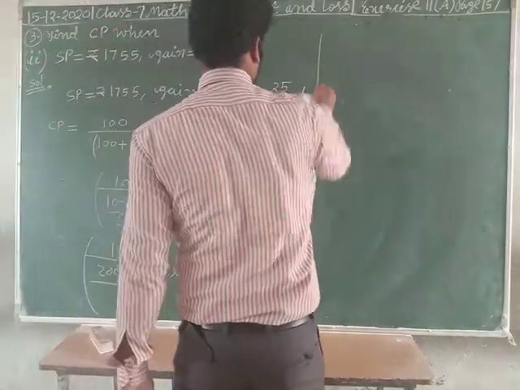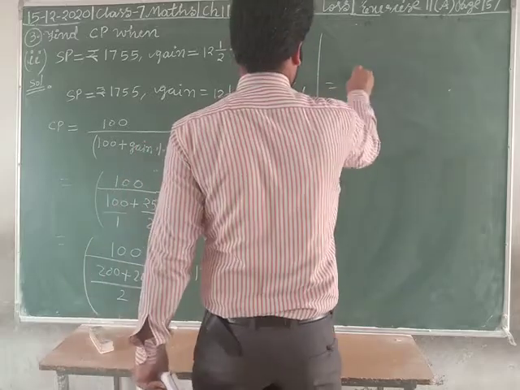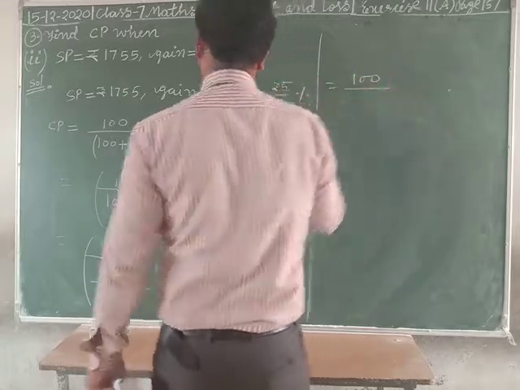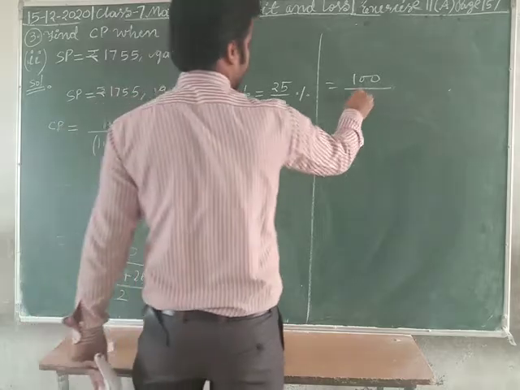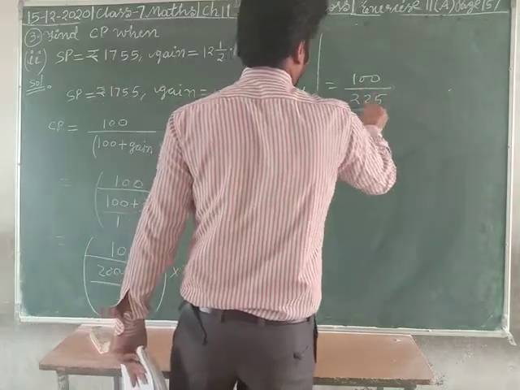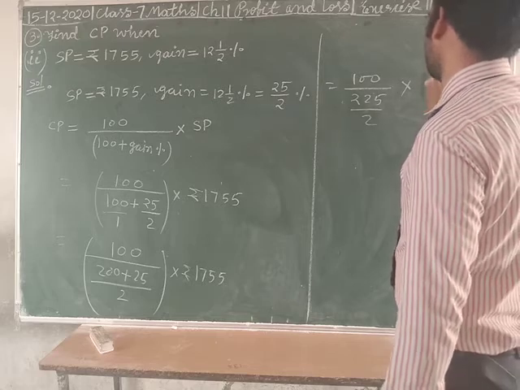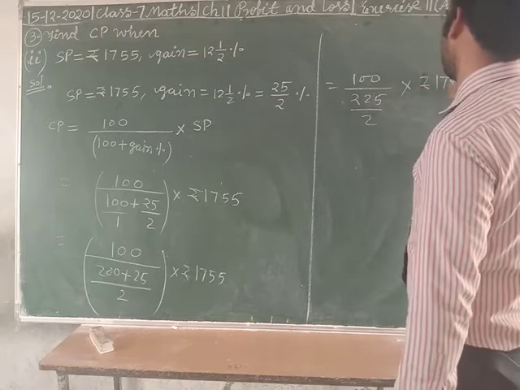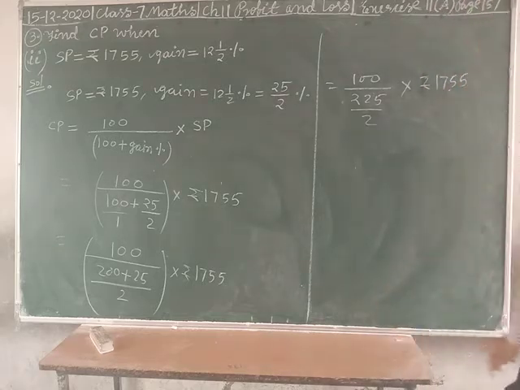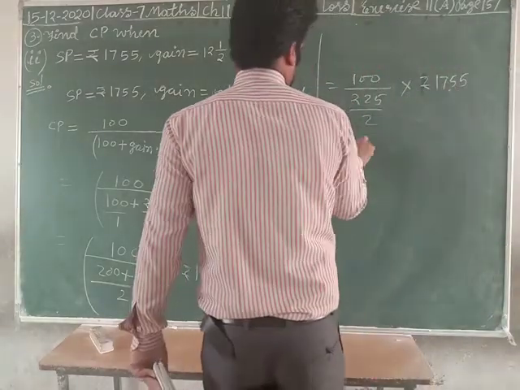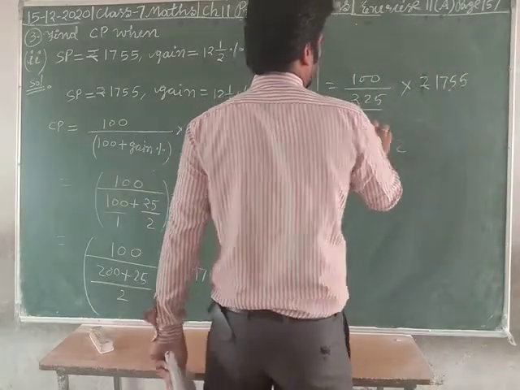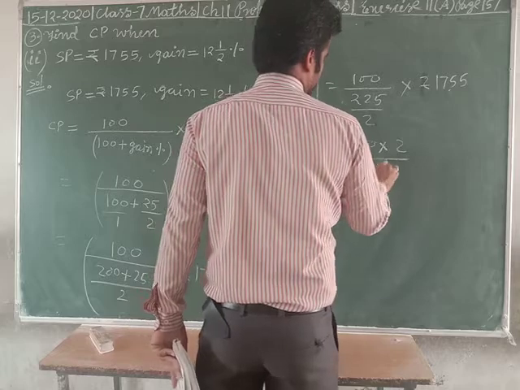Now here I write 100 upon 225 upon 2 into rupees 1755. Okay students, then here I write 100 into 2, this 2 will go up.